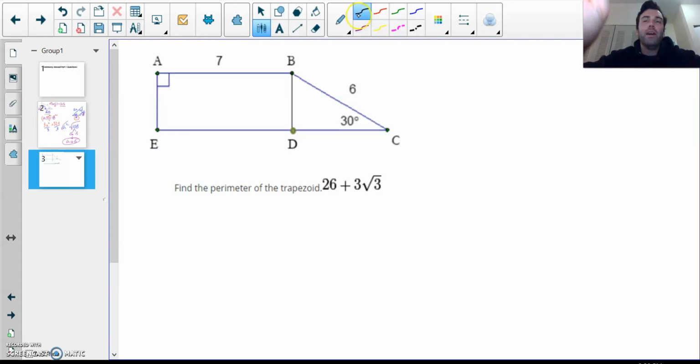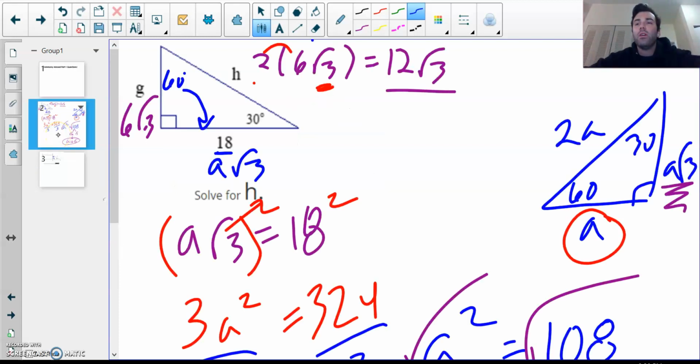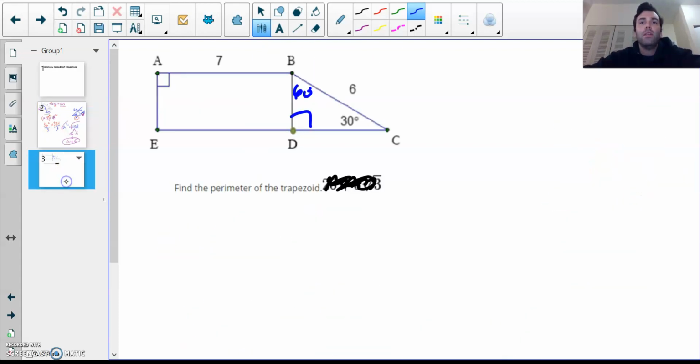Find the perimeter. I made a little mistake when writing this question. This should not have been here. So this might have thrown some of you off, and then you probably put that as the right answer, when in fact it wasn't. This is a 30, 60, 90 triangle. The 6 is across from my 90, which means 6 is 2A, which makes A equal to 3.